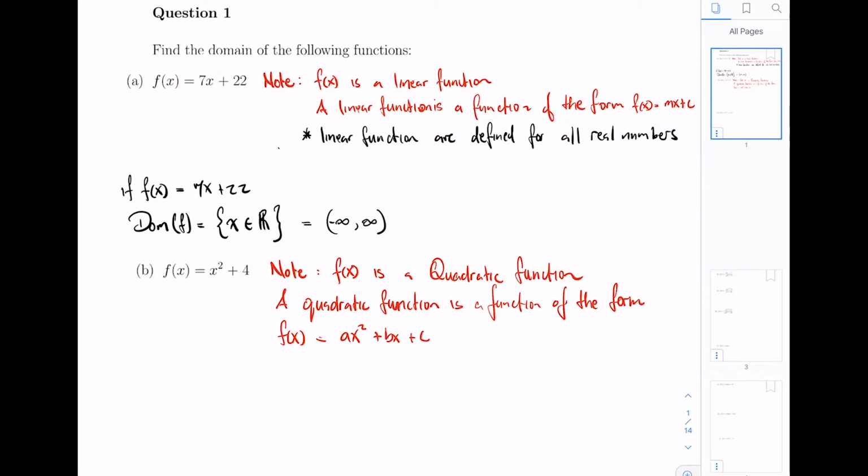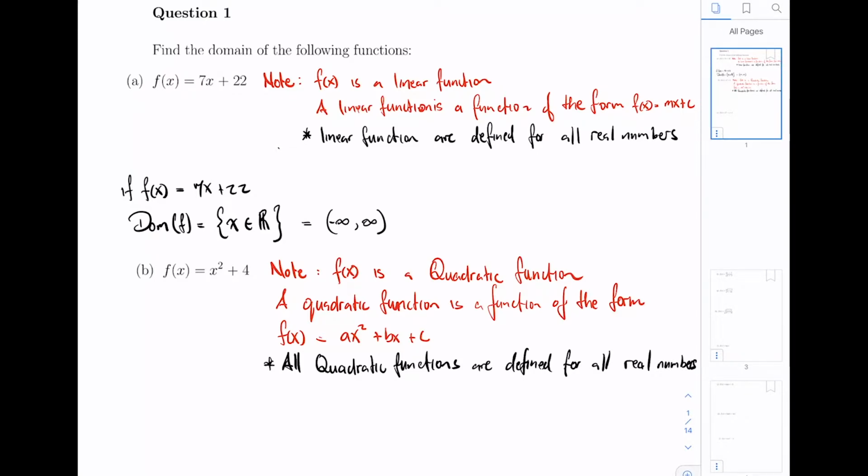So here we see that we have a quadratic function, and our final note, right, is that all quadratic functions are defined for all real numbers.